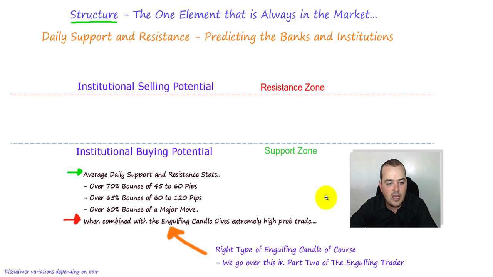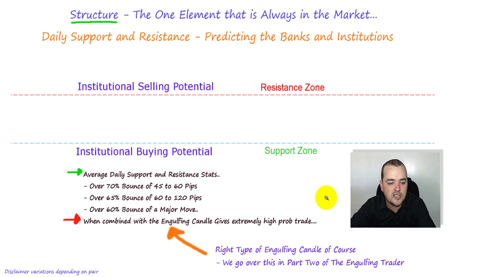Right? As for another stat, there's over 65% will be a bounce of 60 to 120 pips. Now that can be a little bit more depending on the volatility of the pair. It can also be a little bit less if it's a low volatility pair. There are variations between pairs. This is an average guide.